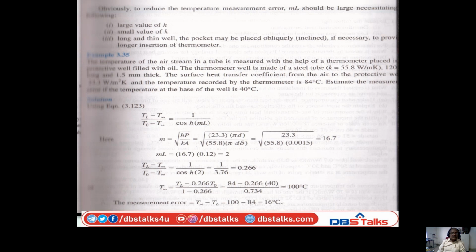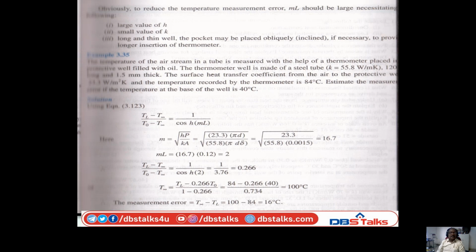That means the thermometer has recorded the temperature of 84 degrees centigrade.